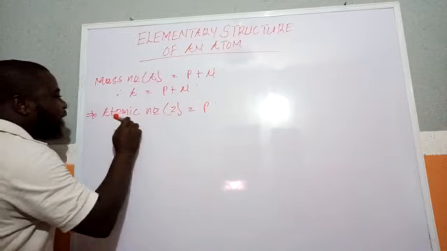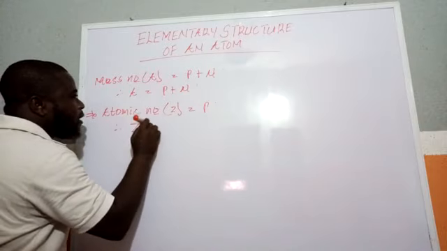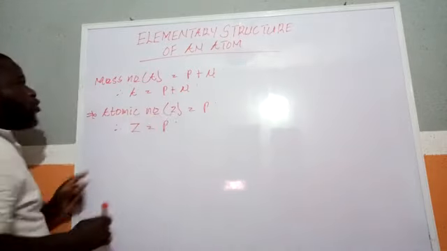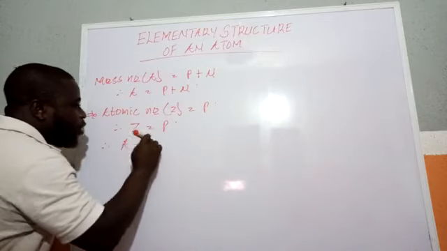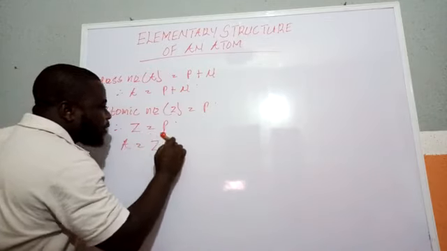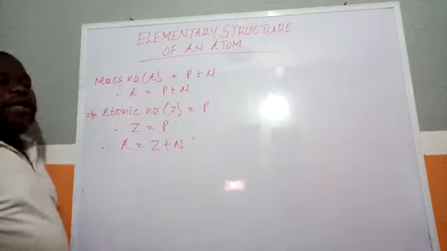So at the end of the day, Z equals P. So this equation will now become A equals Z plus N.